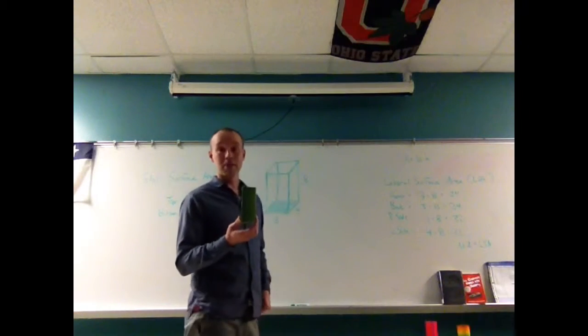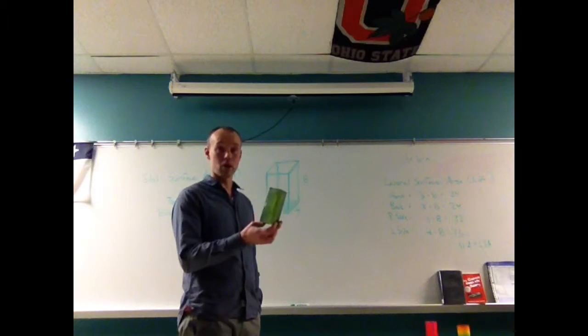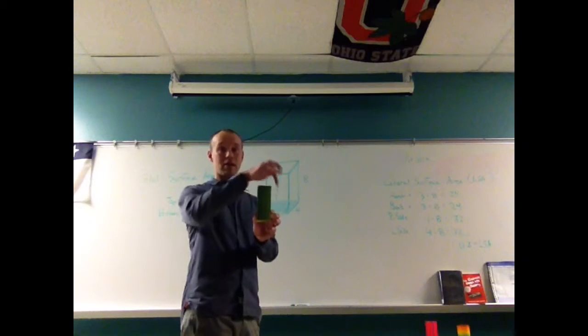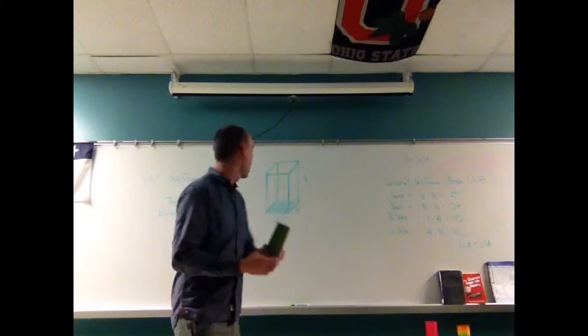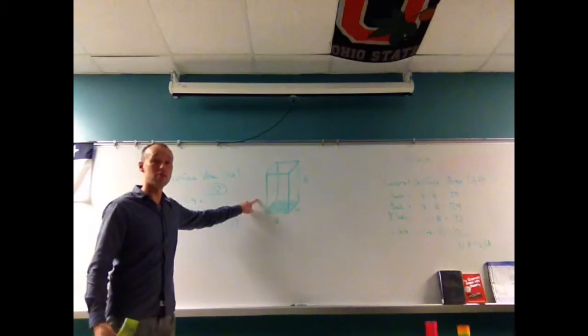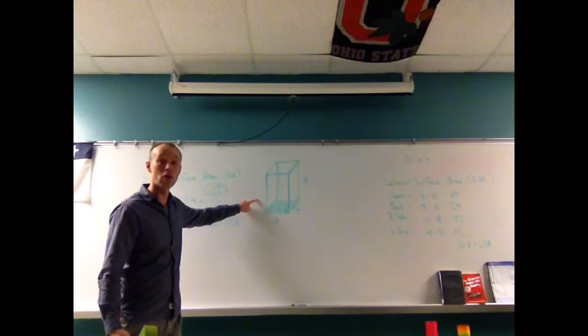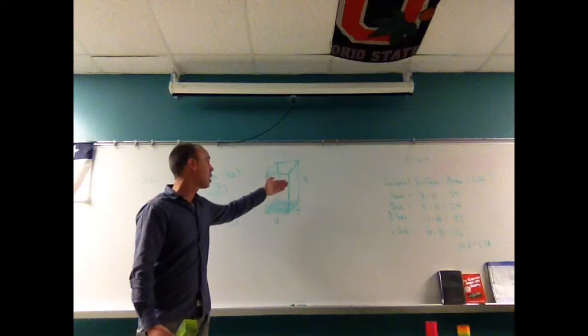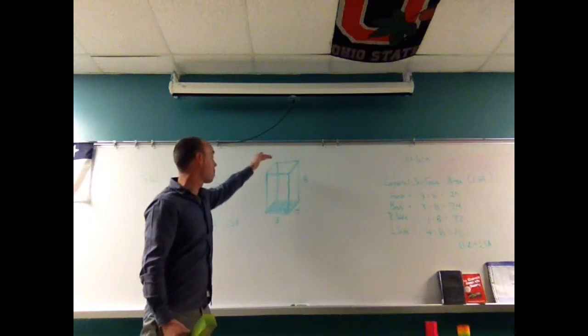When you have a shape like this that I'm holding, that you can physically hold and touch, it's easy to see where the front is, the back, the right side, the left side, the top, and the bottom. It's when it's on a shape like this that you have a little bit more difficulty, because a lot of students have a hard time determining what actually is the front and what is the back and the right side and the left side and then the top and the bottom.